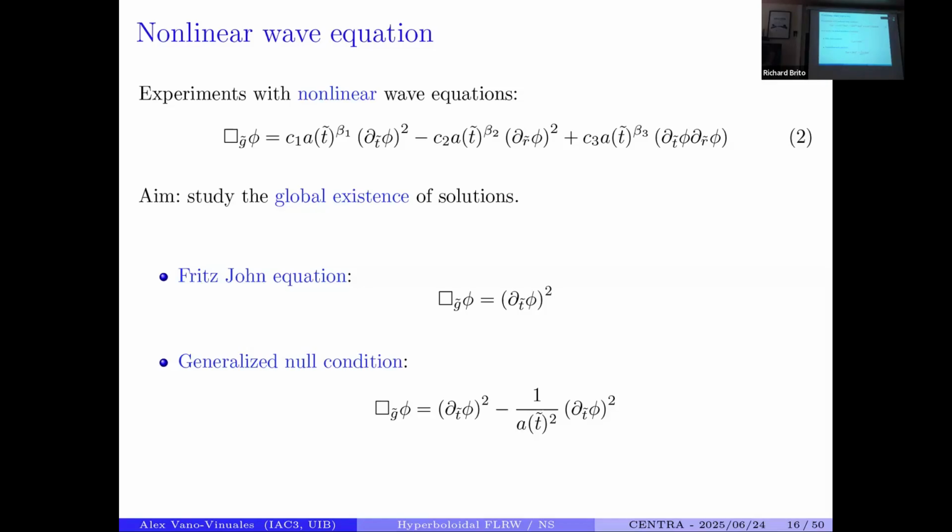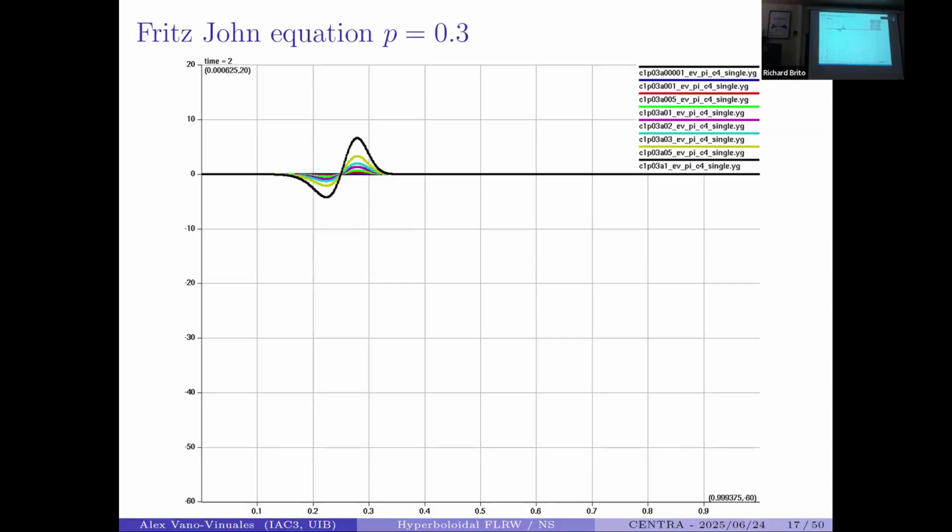But above some given value of the amplitude, there will be blow up. So there's a different behavior between the two types of equations, which are all of this form. And now let me give you an example of how this looks.